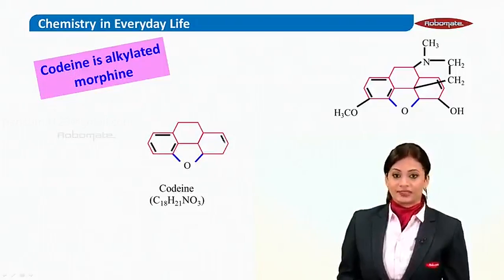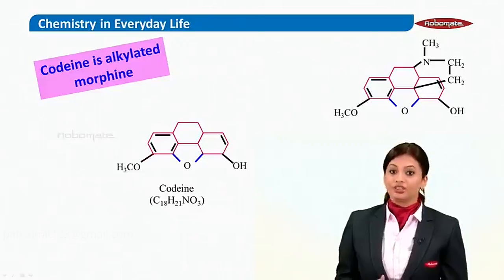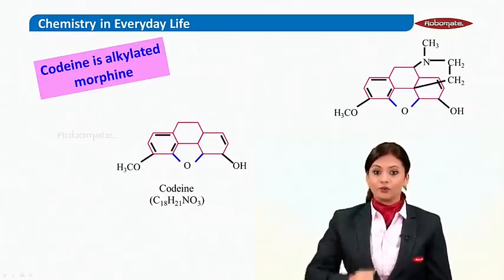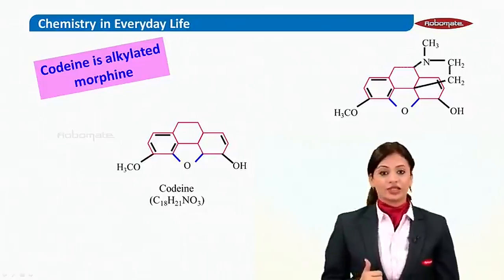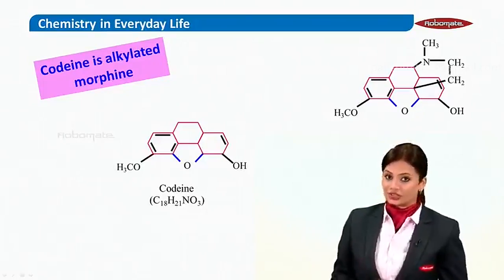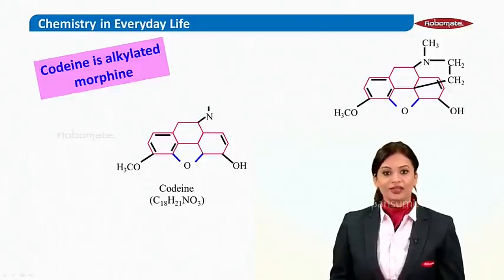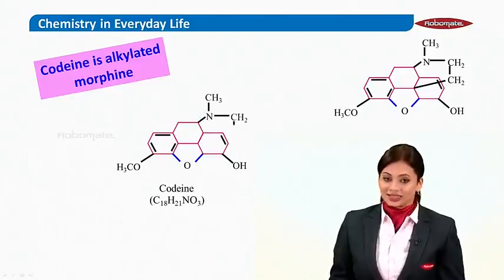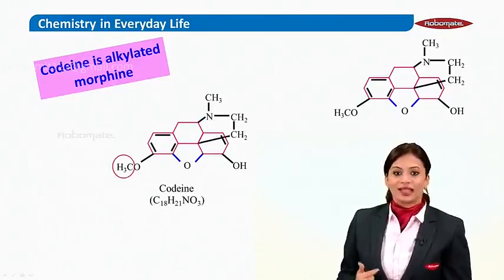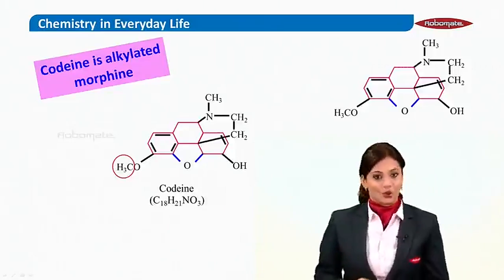And OH here. But instead of having one more OH there, the H is now replaced with CH3. Hence I say it is alkylated morphine. The remaining structure is exactly the same as morphine. And this structure here is codeine.